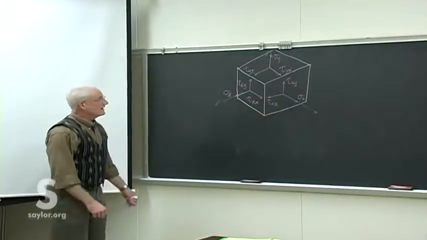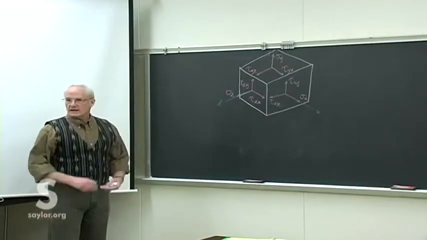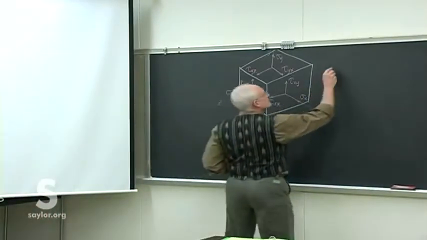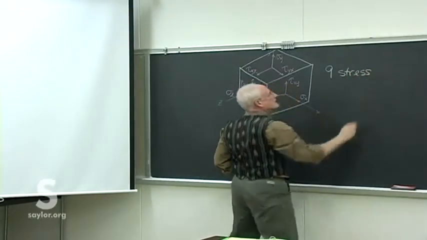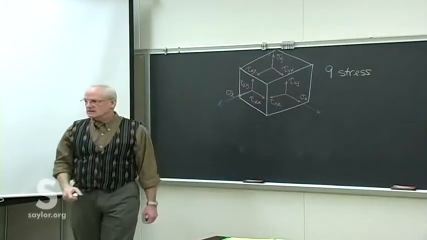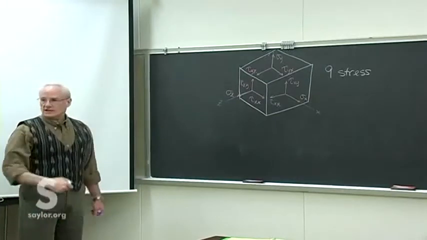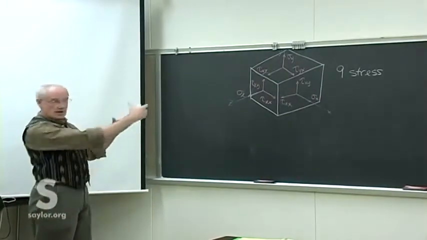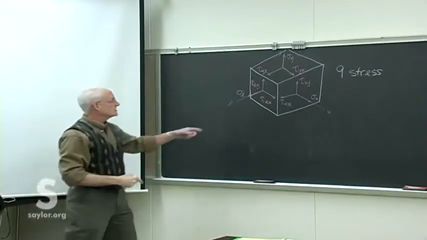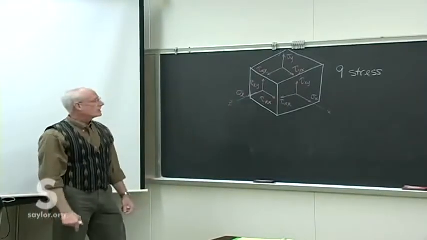In total then, we've got 9 stress components in a generalized case. Generalized meaning for any arbitrary loading and any arbitrary orthogonal directions, we can break down any problem to this kind of thing.